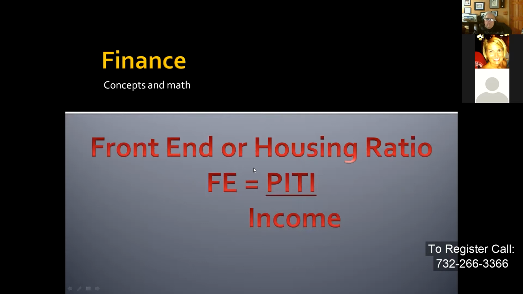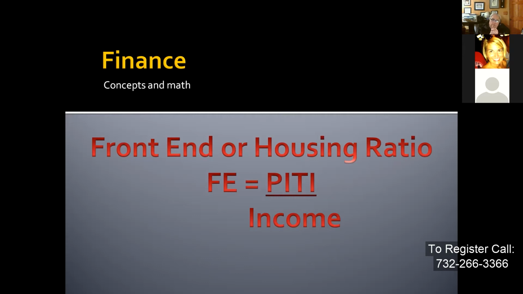The next one is the front end ratio and the back end ratio. The front end ratio is established when a borrower fills out the uniform residential loan application. It's a 4-page document with all kinds of questions on it. When they fill all that out, they look to see if the mathematics support that you will be able to afford to make your payments.